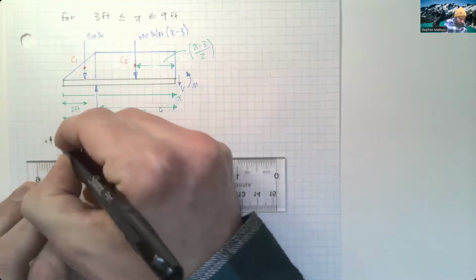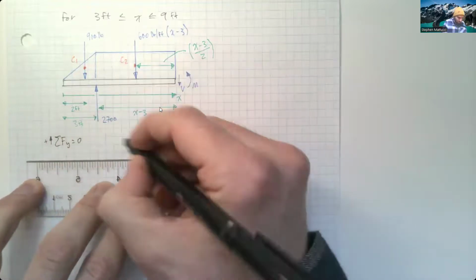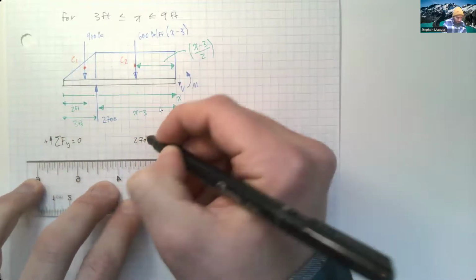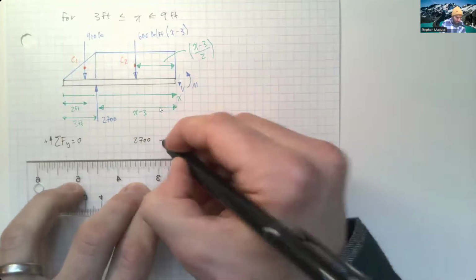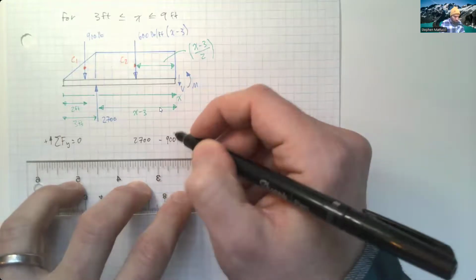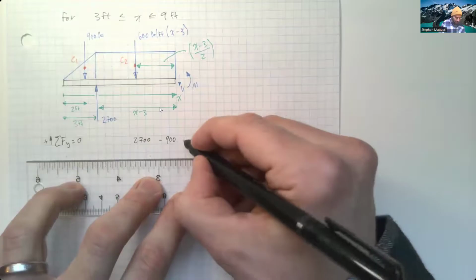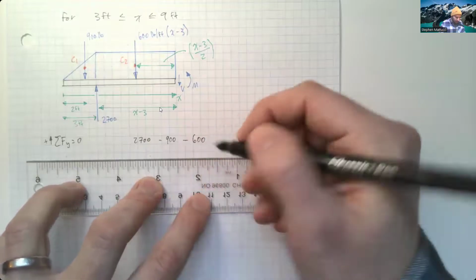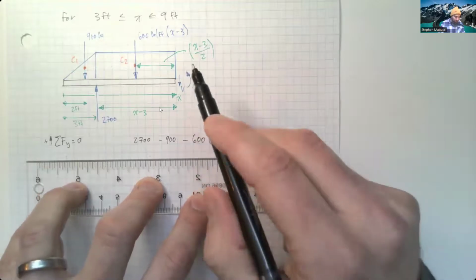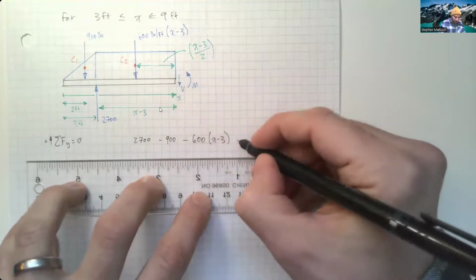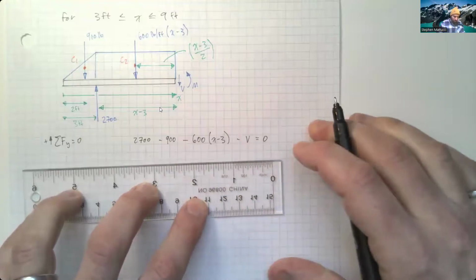So sum of forces in the y equals 0. We have 2,700 pounds acting up at B minus 900 pounds from our triangular distributed load minus 600 times x minus 3 from our rectangular distributed load minus our shear equals 0.